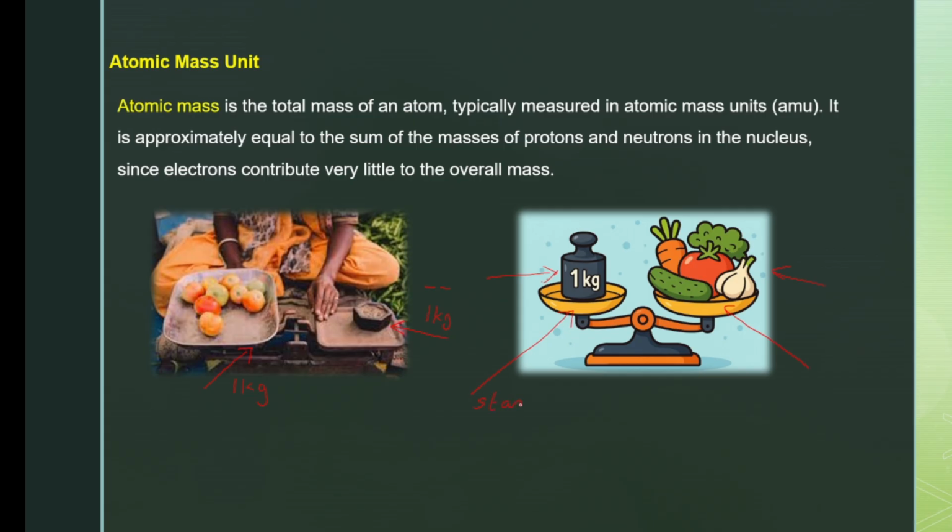In the later slides I will show you a little more clearly. This is the standard unit, and this is the relative mass, relative to the 1 kilogram weight that is put.